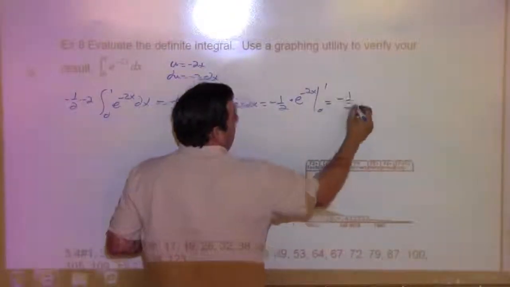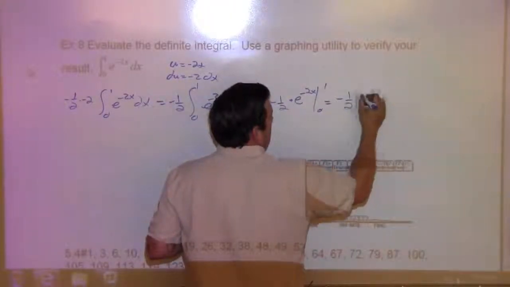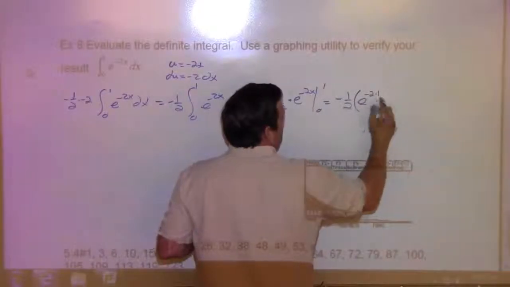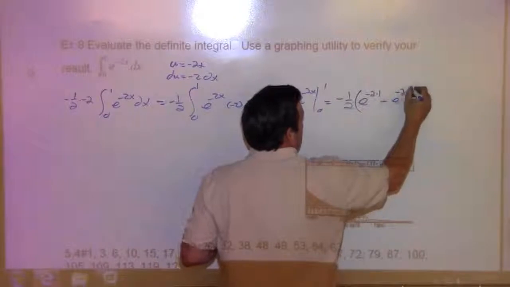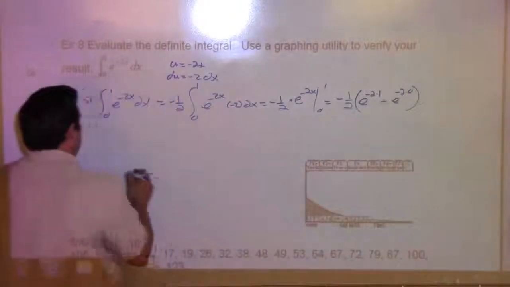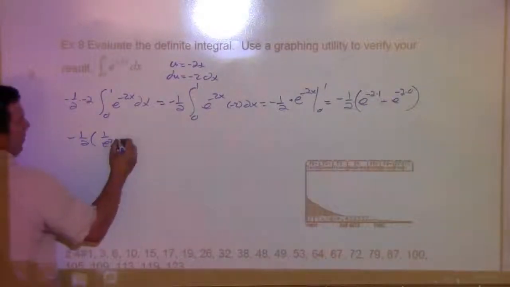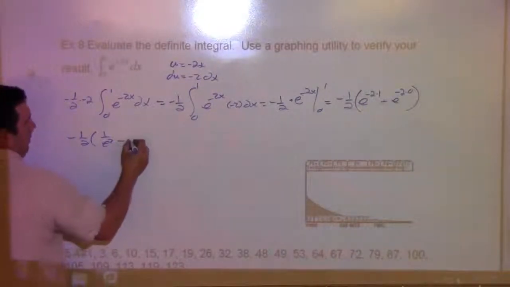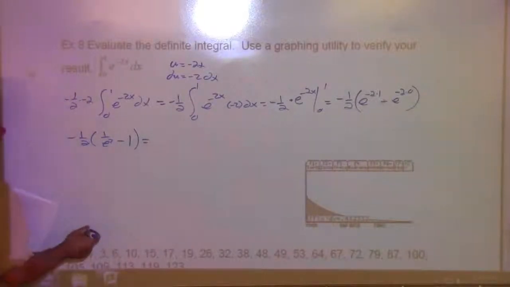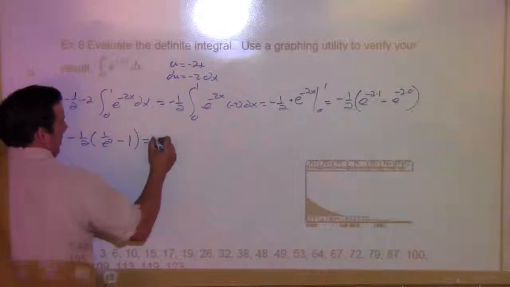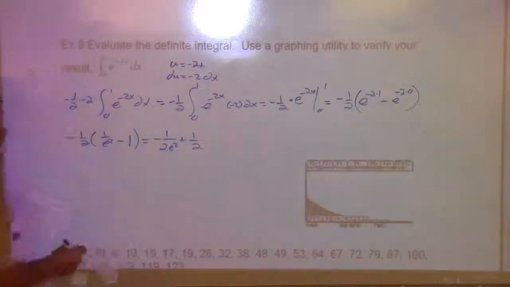That's negative 1/2 times e to the negative 2 times 1 minus e to the negative 2 times 0. So it's negative 1/2 times 1 over e squared minus e to the 0, which is just 1. If we distribute the negative 1/2 through, it's going to be negative 1 over 2e squared plus 1/2.